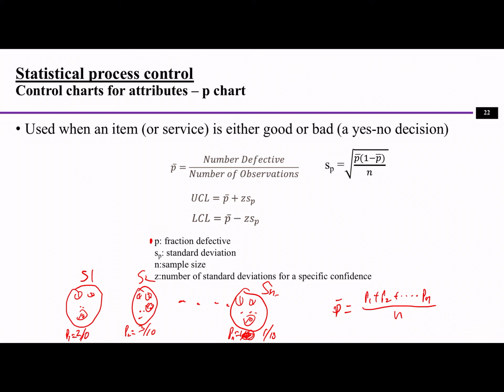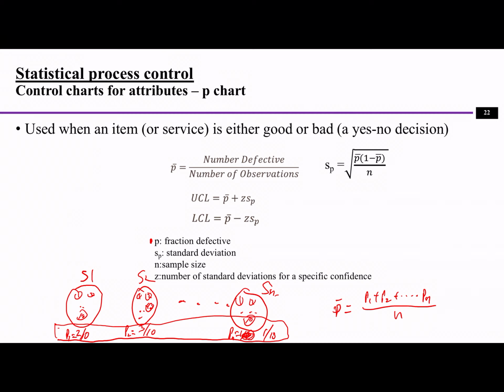And SP is the standard deviation of all these P's, n is the sample size, and z is the number of standard deviations for a specific confidence.